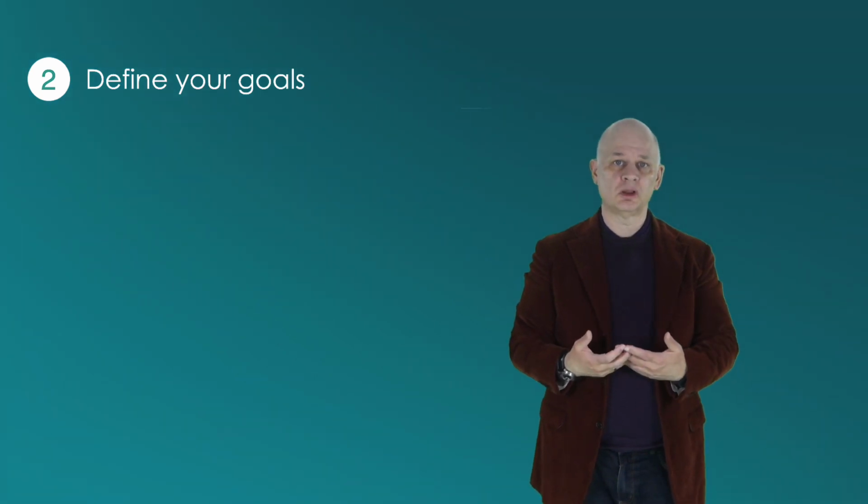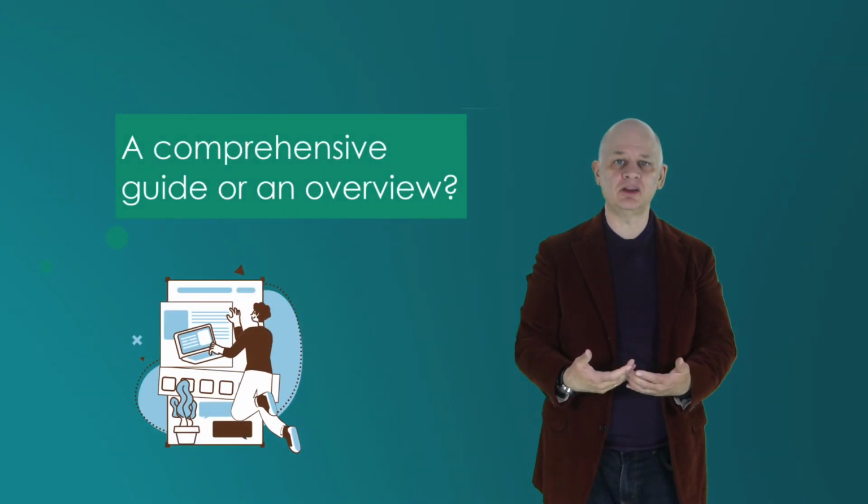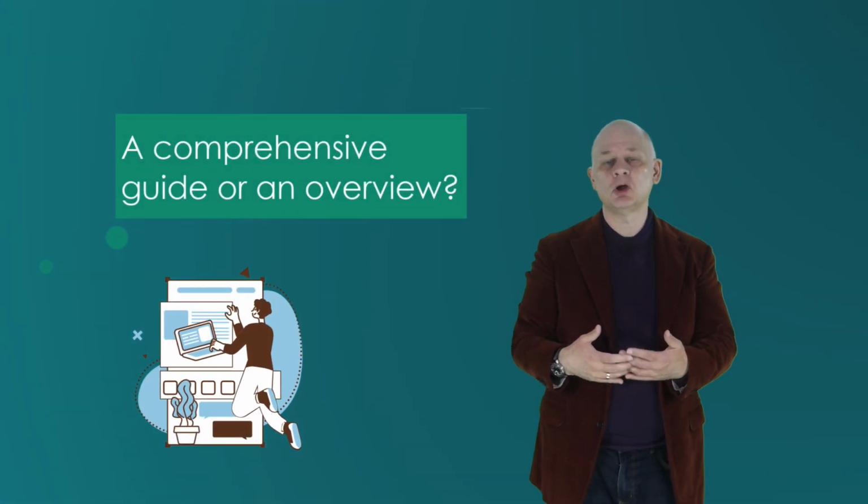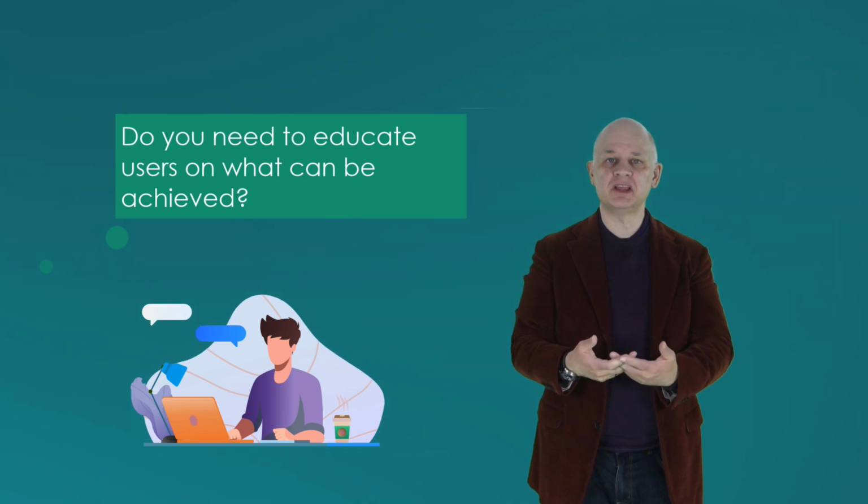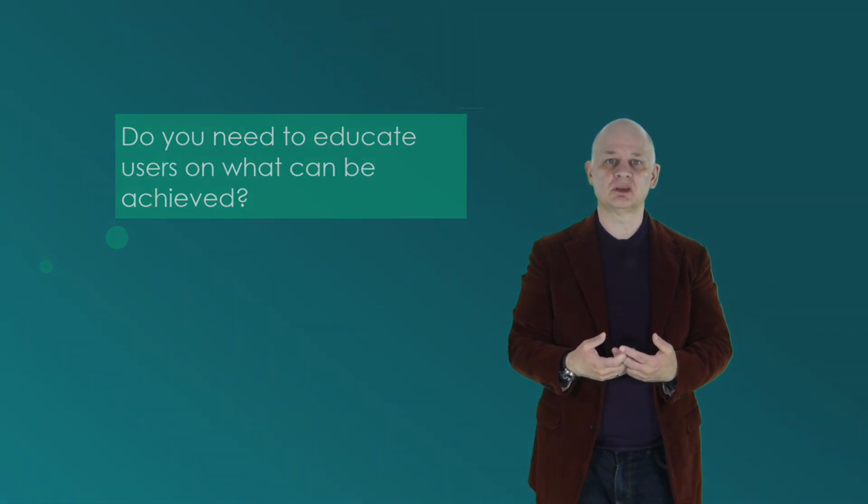Step 2. Define your goals. You and your organization need to know, what is the purpose of the portal? What is it that you want to achieve? For example, is it to provide a comprehensive guide to your APIs or just an overview? Do you need to educate users on what can be achieved by using your APIs?